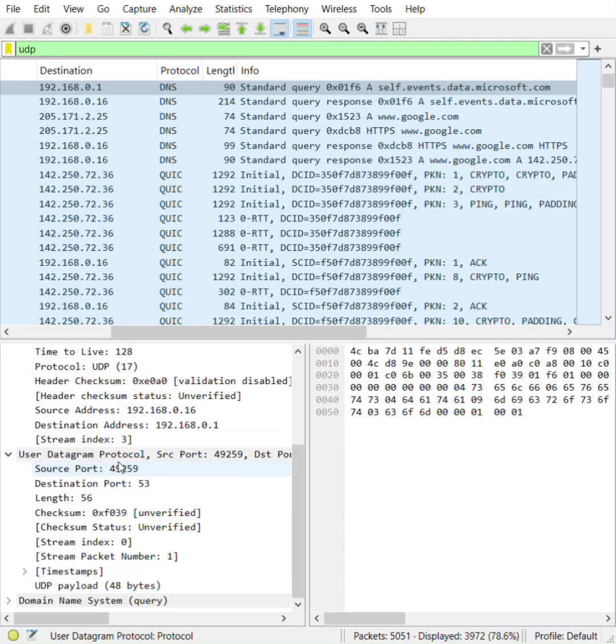We can see that for number 6, the decimal number is going to be 17, but if we were to transfer this over to hexadecimal, it would be 0x11, basically 0x11. And like we said, it's found in the protocol field of the IP header.